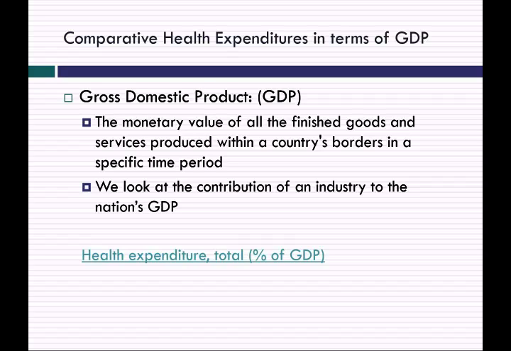Here's an overview of each country, indicating the percentage that their healthcare expenditures contribute to their gross domestic product. If we scroll down to the U.S., we see that health expenditures contribute 17.1% of our gross domestic product. And again, you can see how that significantly increased in the past 20 years, from 13.1 to 17.1. And you can compare that to the other countries.